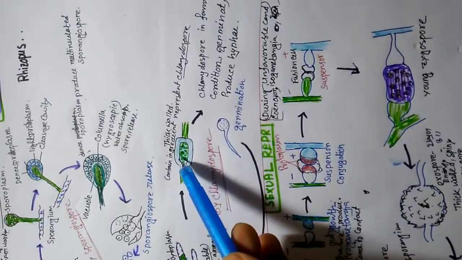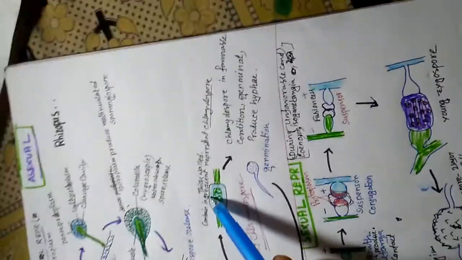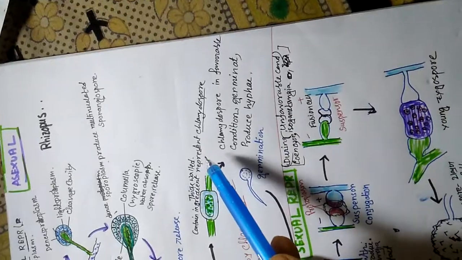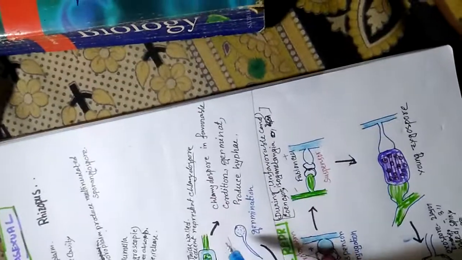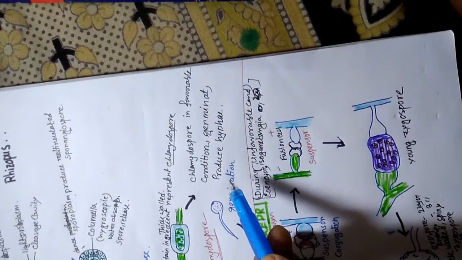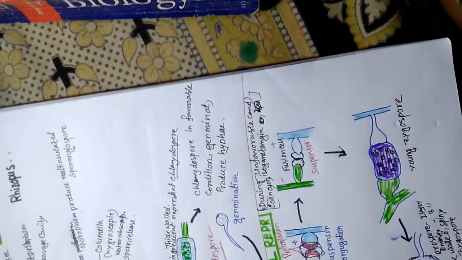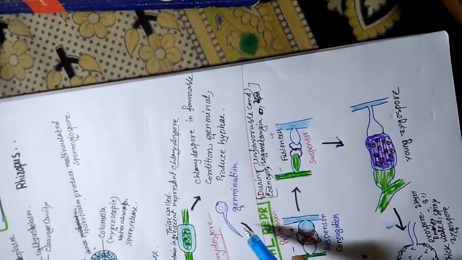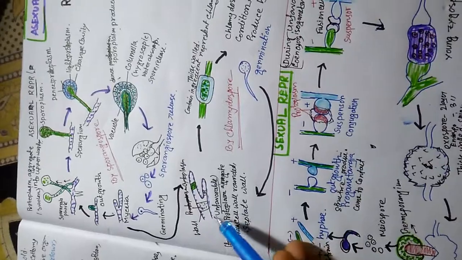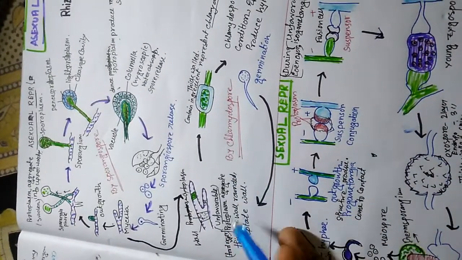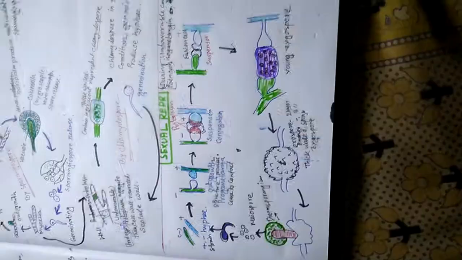This containing structure is the chlamydospore. It is very thick walled. Next, the chlamydospore in favorable conditions germinates and produces hyphae. This is the actual life cycle by chlamydospore.